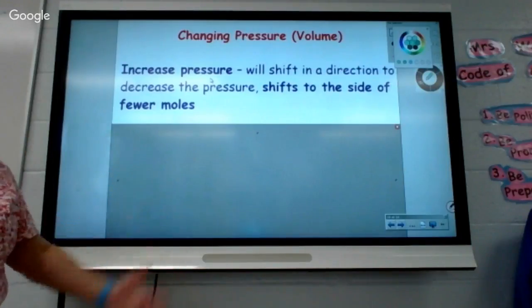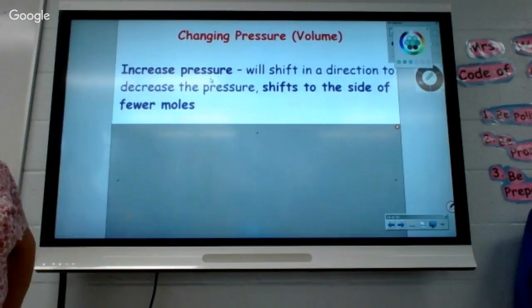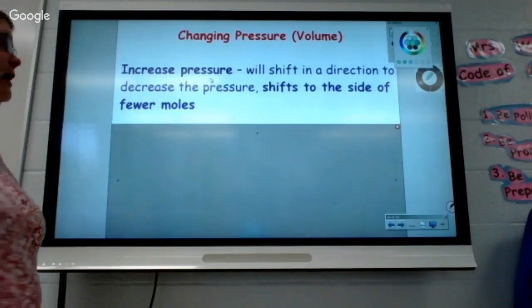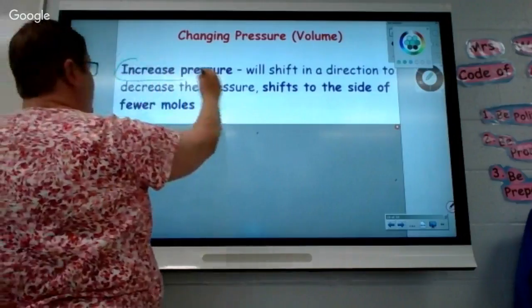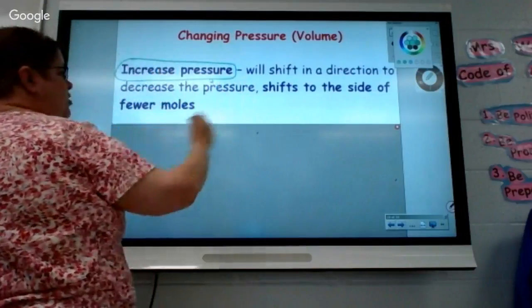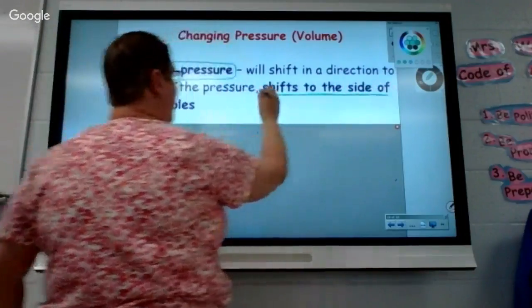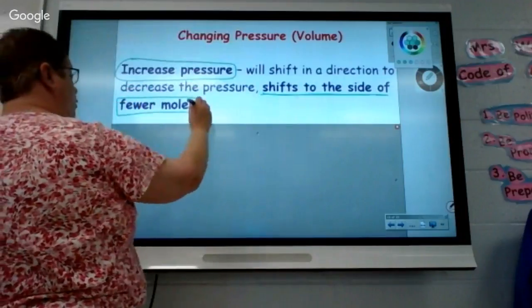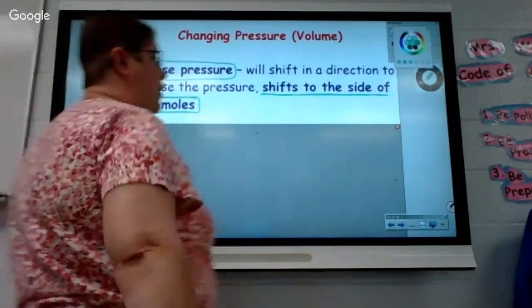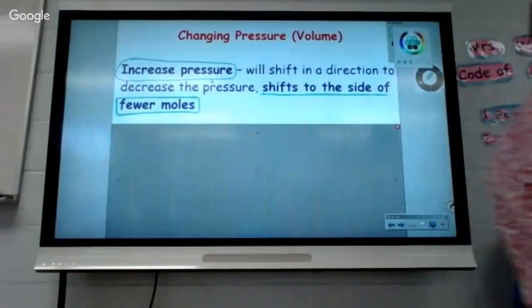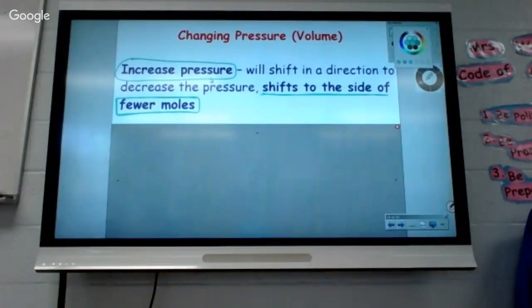So if we increase the pressure, it's got to find a way to lower that pressure back down. So anytime we increase the pressure, it has to shift to the side of fewer moles. So how do we find moles again? Coefficients. So all we have to do is balance the equation and find the fewer coefficients or fewer moles.